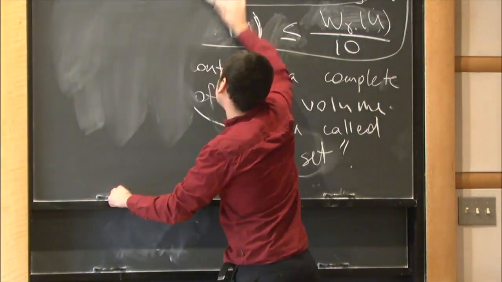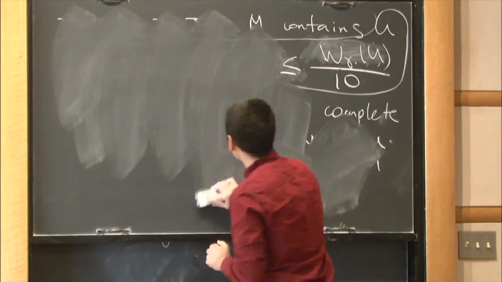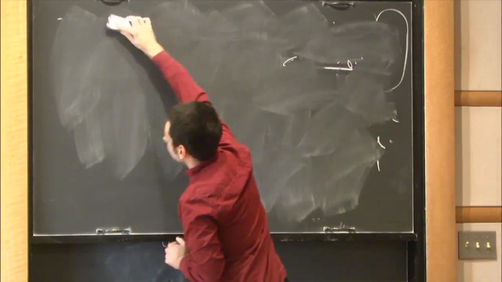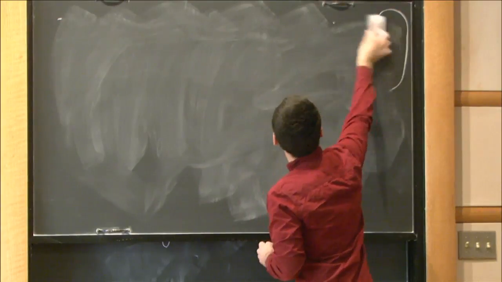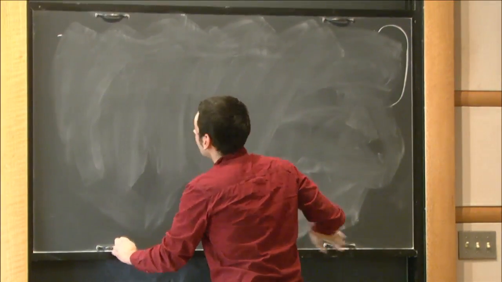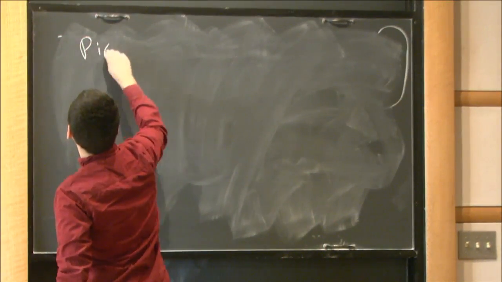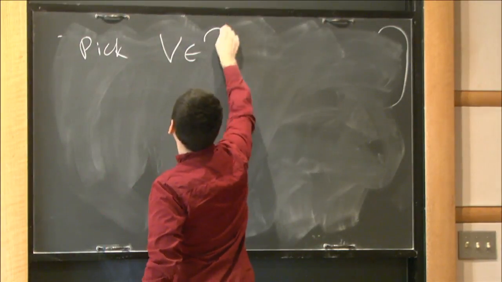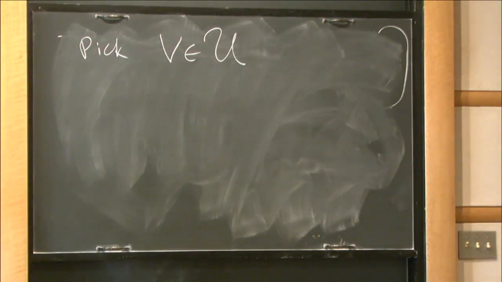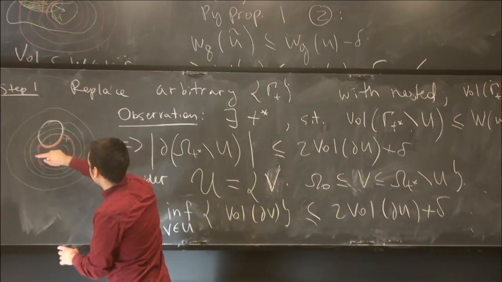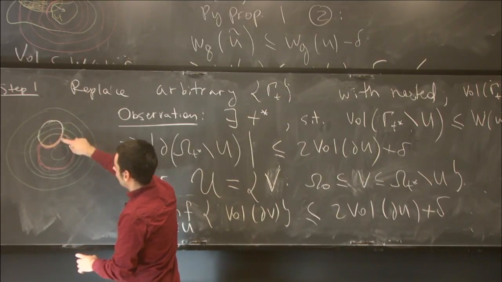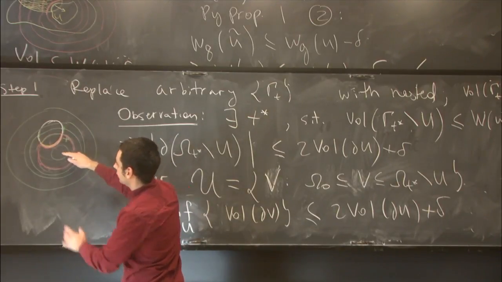Then we pick a set V in this collection of all sets which are squished between this and the initial omega 0.